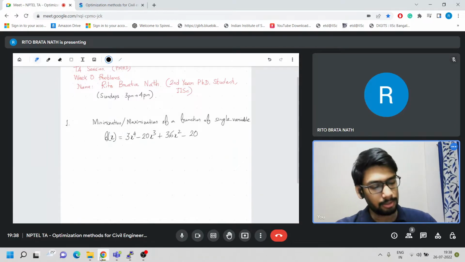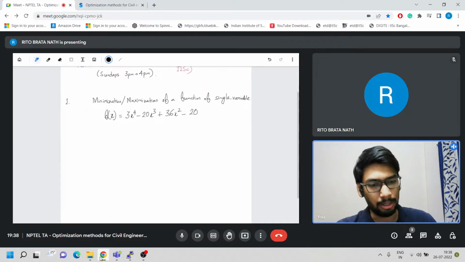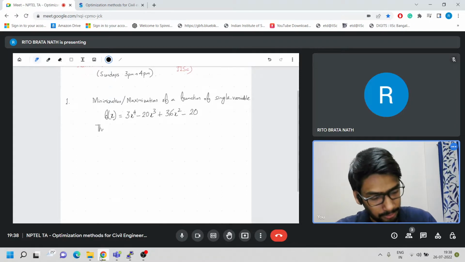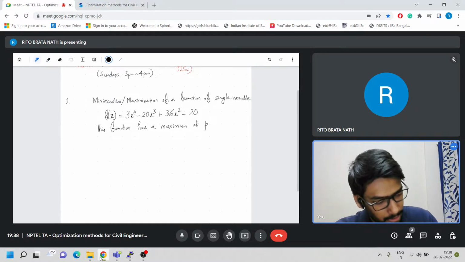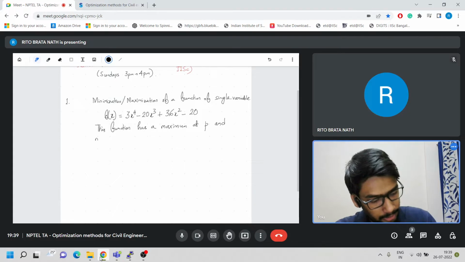Suppose I tell you that this function has a maximum at x equals p and a minimum at x equals q.